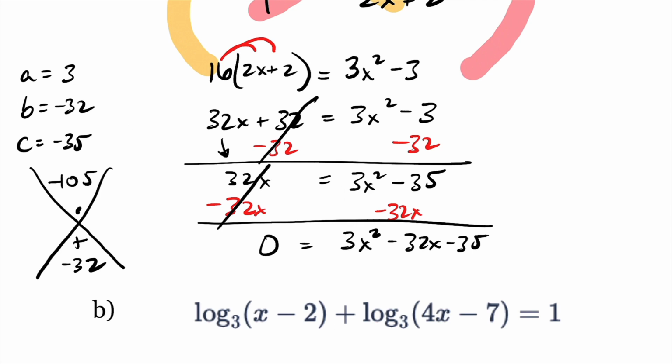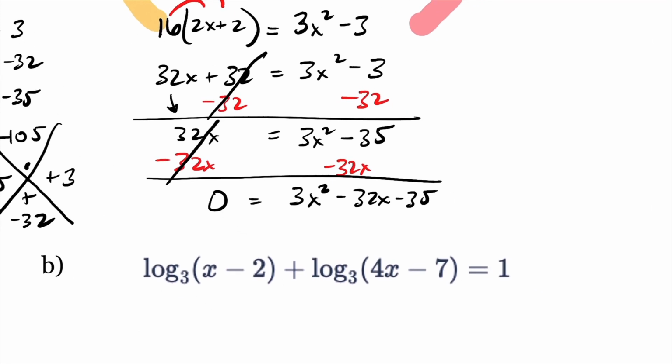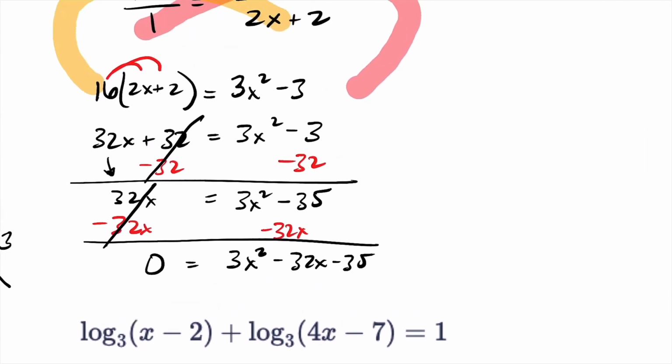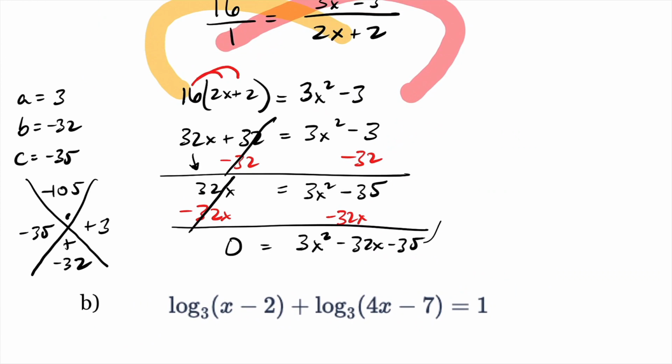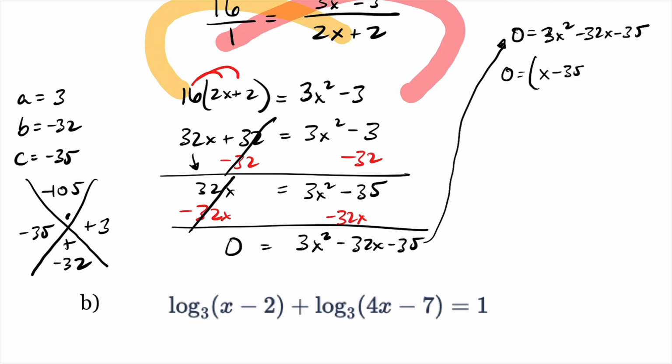Negative 35 and positive 3. Okay, so I'm going to move this over here because I'm running out of room. Okay, so I get x minus 35 and x plus 3.